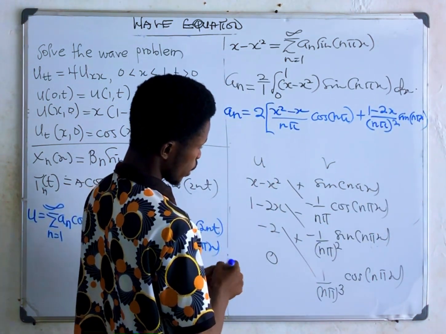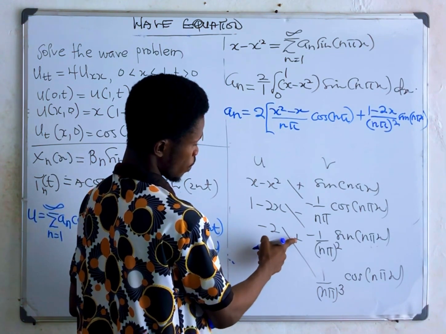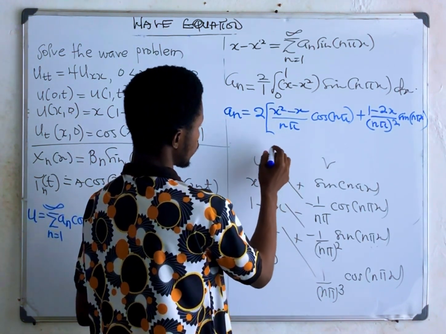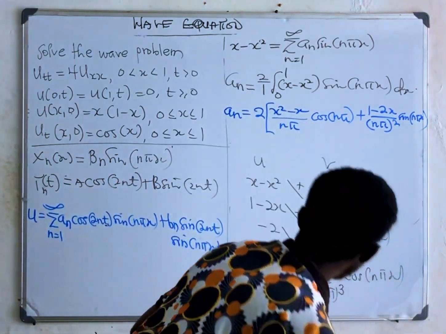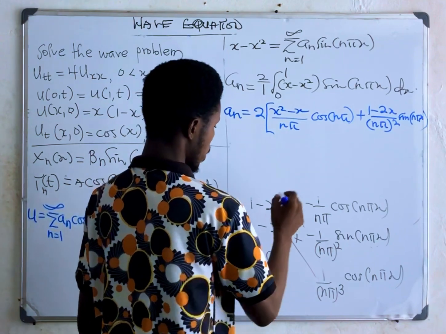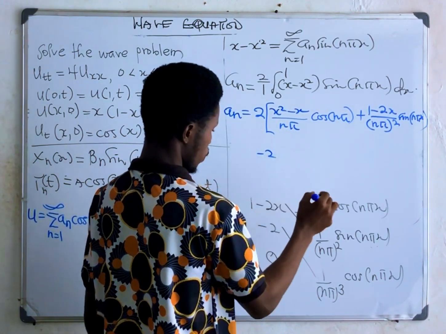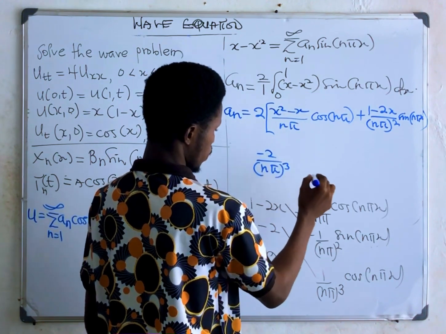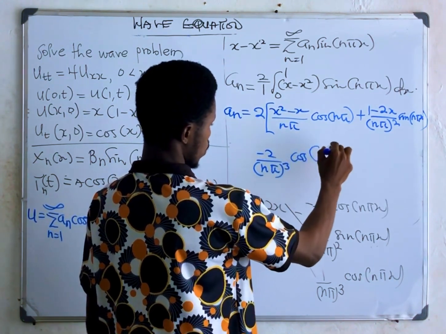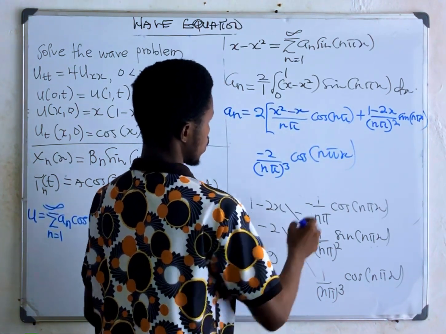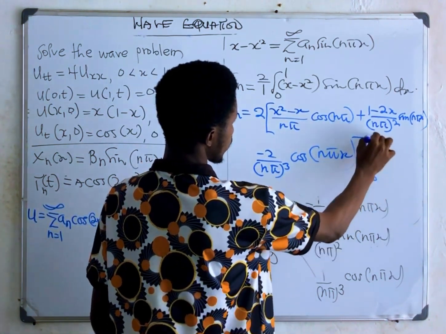Now the last one, negative 2, multiplying this by here is plus, will still be negative. So this side is going to be negative 2 over n pi cube cos n pi x. And this one is from 0 to 1.